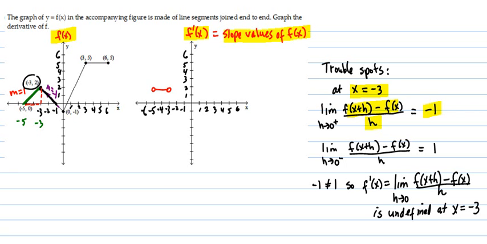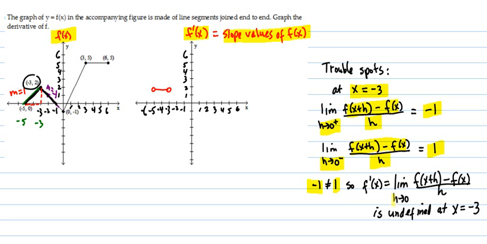Now, if you come from the left, so h is negative. Now you're on the left side of x equals -3, and now you're dealing with slope values that are equal to 1. So the limit as h goes to 0 from the left of this difference quotient comes out to be +1, and -1 is not equal to 1.